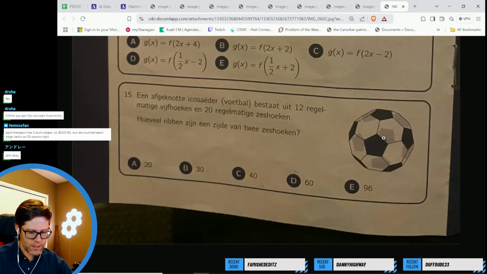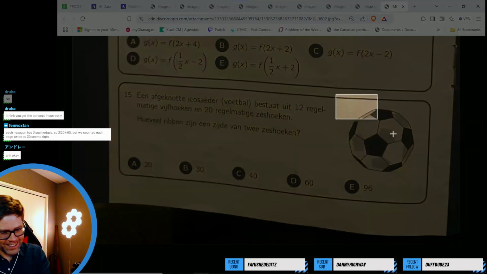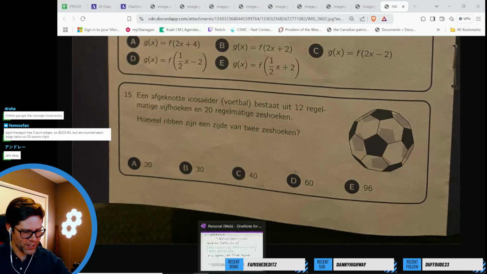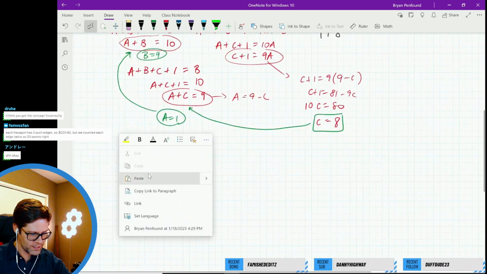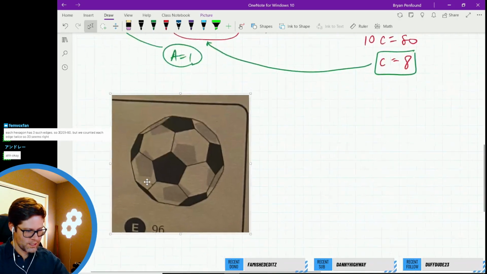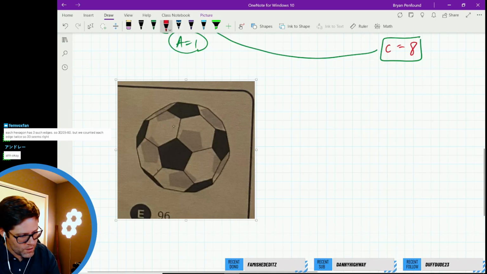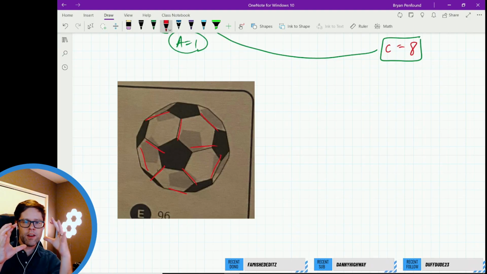I just counted, Lucas. I don't know how to say it. I just used the ball as an example. So this ball has 1, 2, 3, 4, 5, 6, 7, 8, 9, 10. So there's going to be 10 of these on one side of the ball. And then you have this cap on the other side of the ball.